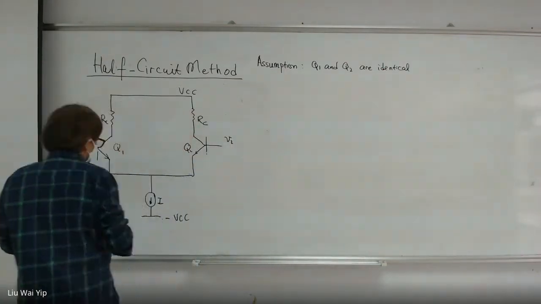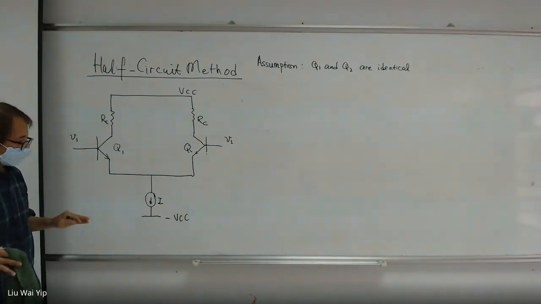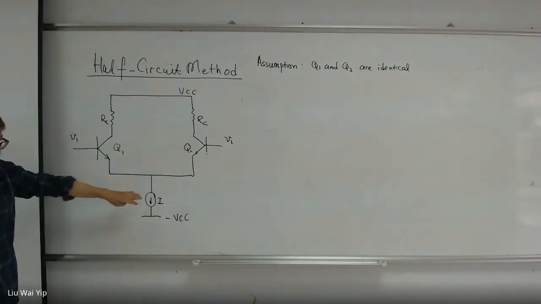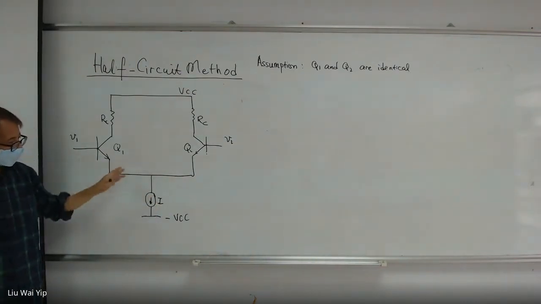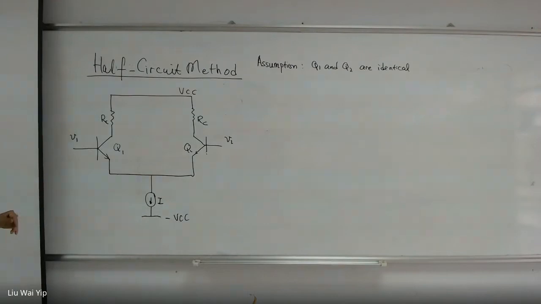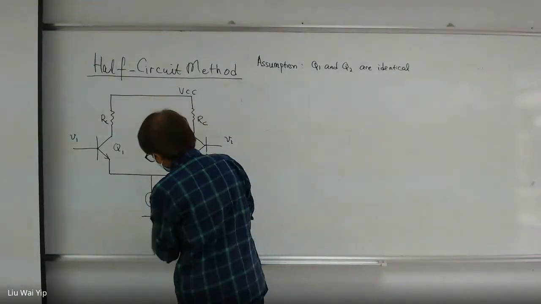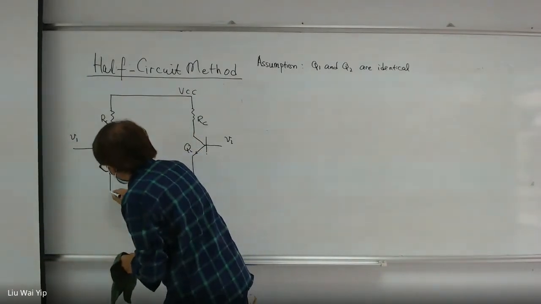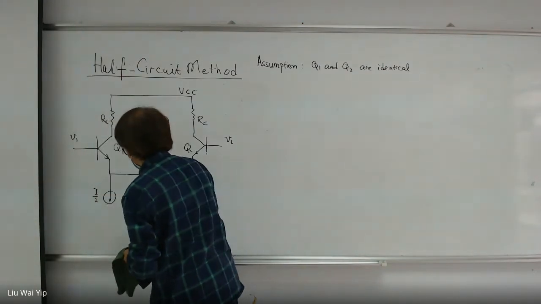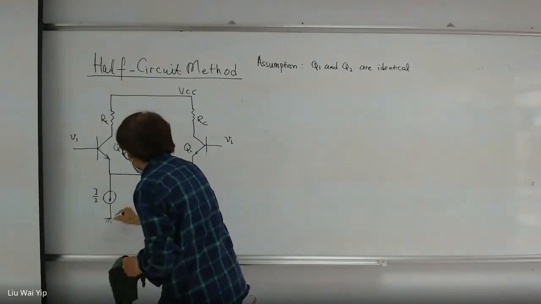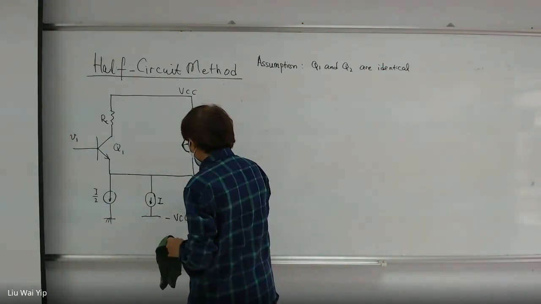So in order to be able to divide the circuit, we divide the current source first. Right now we have an I. So how about this? We divide the current source into two halves. The current source here is I divided by 2, and here also I divided by 2.